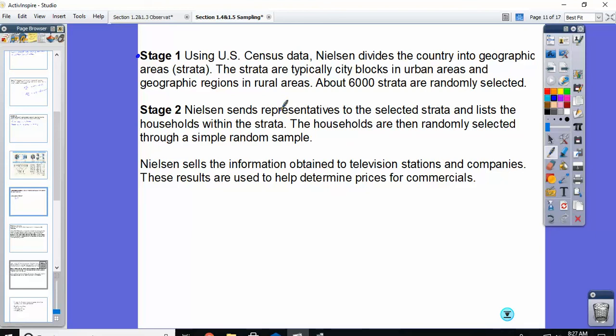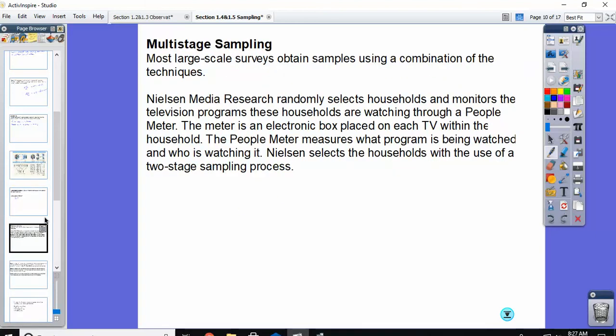Then they send people to the strata and randomly select from within that. So it's not just a clear-cut one-step process. Multi-stage is just using a combination. You might use some clusters, but then also do something systematic within that cluster.